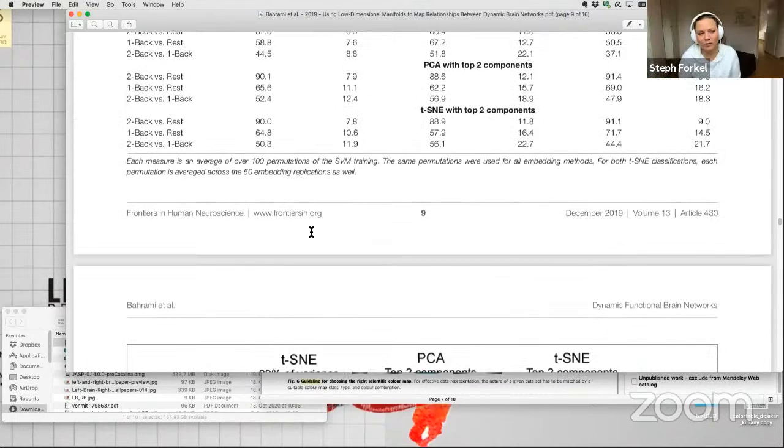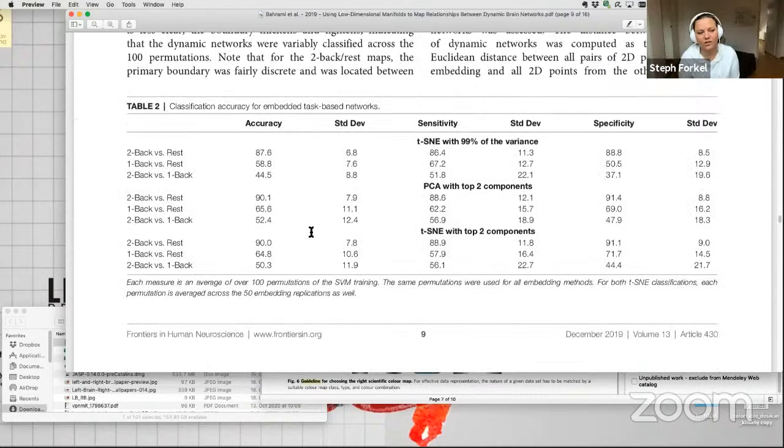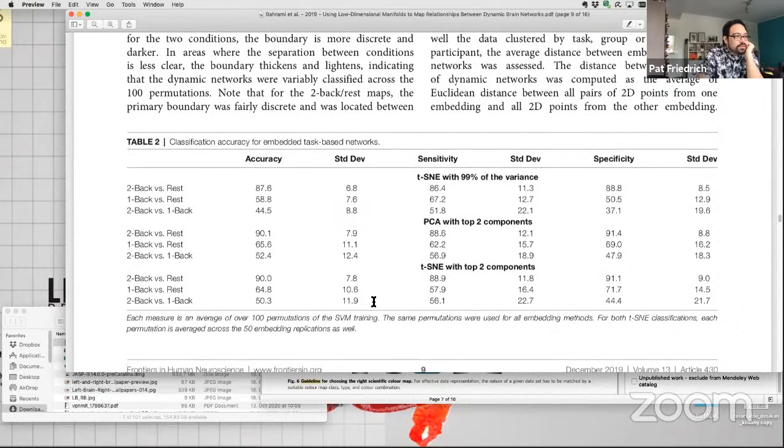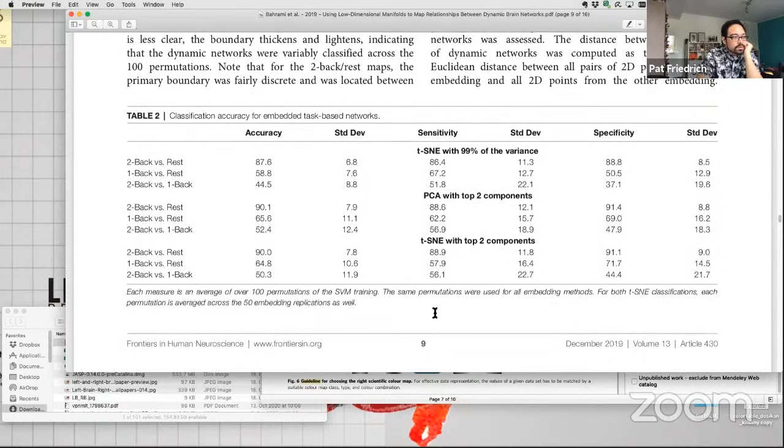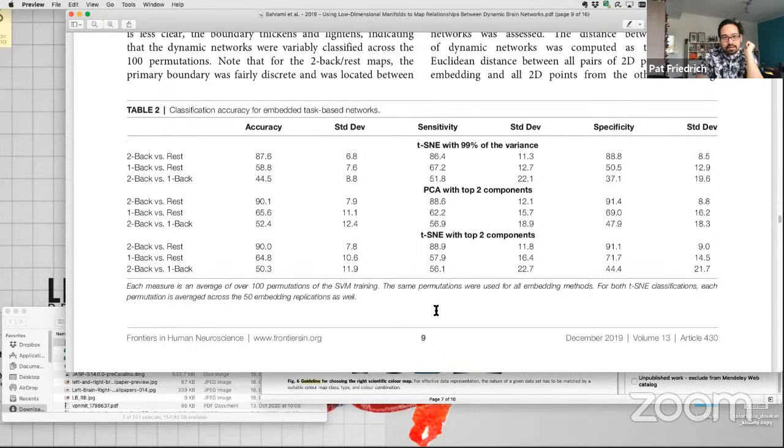Can I ask you a random question about this? So you have two conditions. You have 2-back versus rest, 1-back versus rest, and 2-back versus 1-back. So there's always two different contrasts. Is there a limit to how many contrasts you can throw at this algorithm? Well, actually, no. I think they just chose it to depict the data in the most comprehensive way, because it might be too over-convoluted to depict all the different conditions in one another.